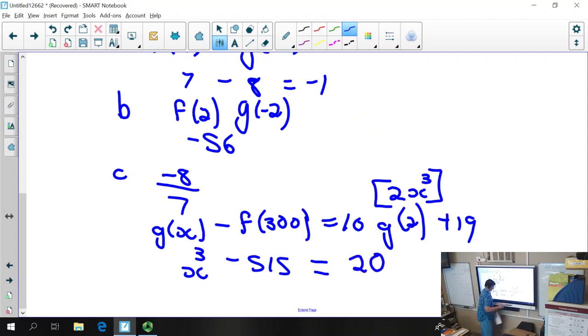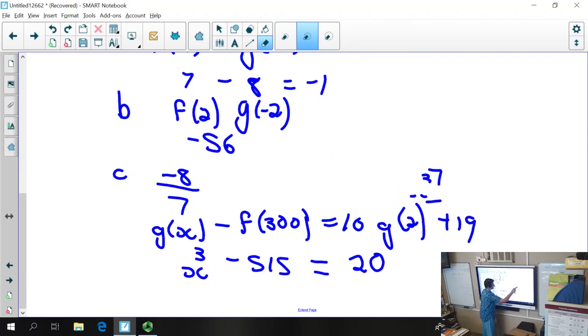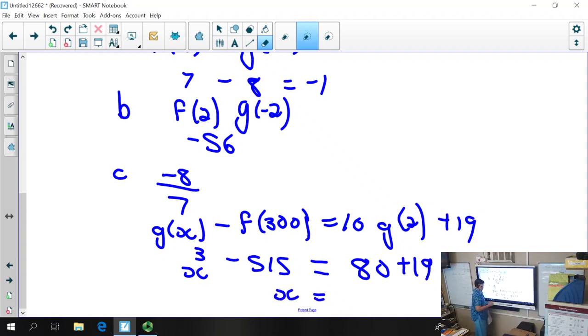Well, it is g(2), it's not 2g. Yeah, sorry. So what is it? 80 plus 19. And then you just solve it. So x is equal to, you'll get the cube root of that, 8.85 on that one. So very easy. This is the first one, to substitute and equate.